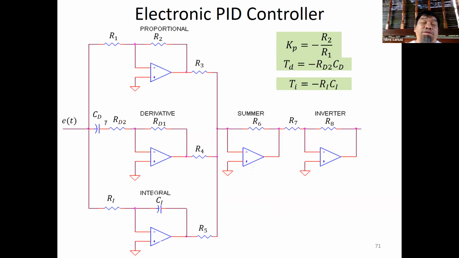Tapi bila nak bagi macam tu, then your C must be very good lah. Tak boleh pakai capacitor mica, tak boleh. Kena pakai something like silver mica. Kalau bukan silver mica pun very nice polystyrene. Polystyrene.